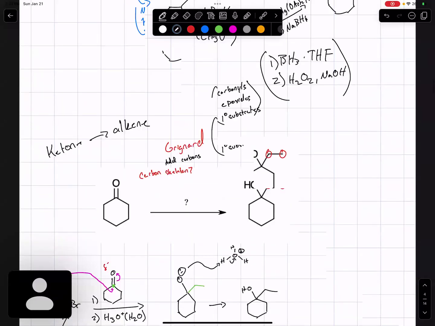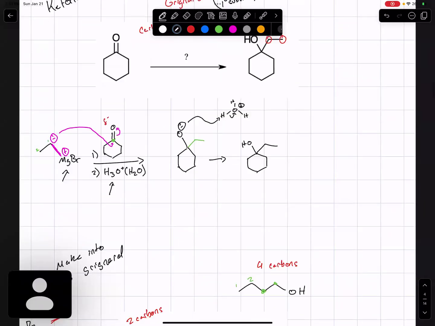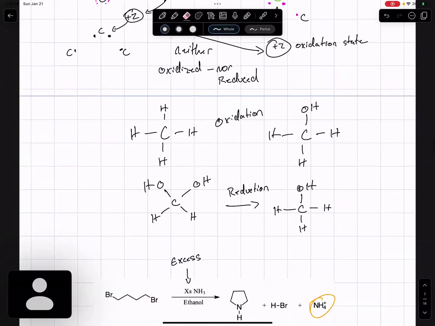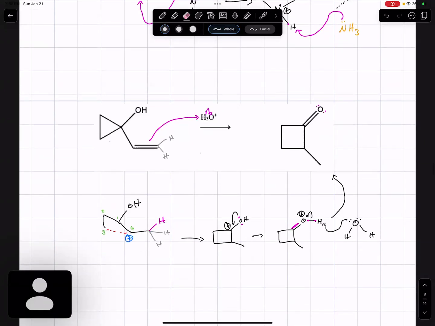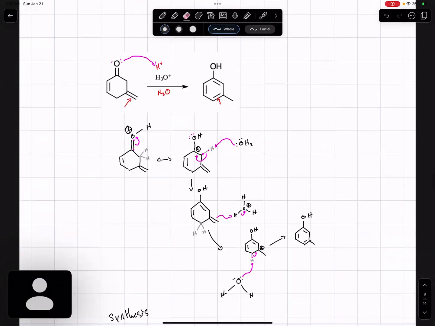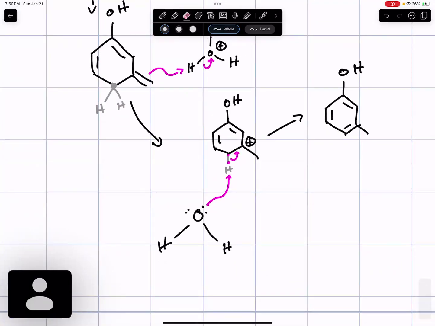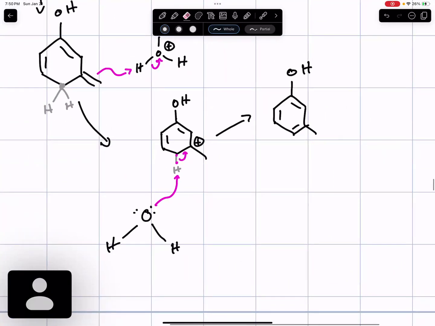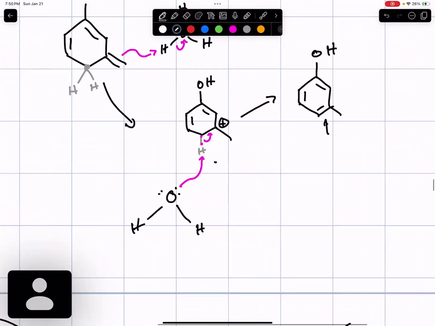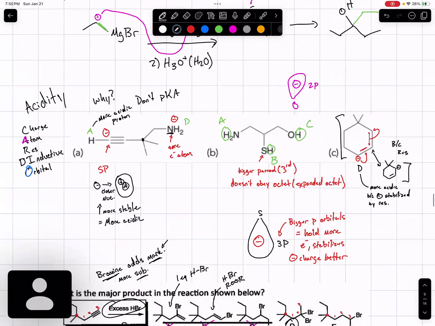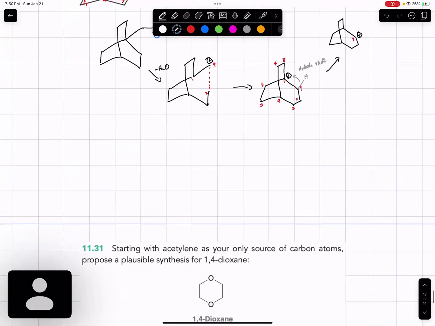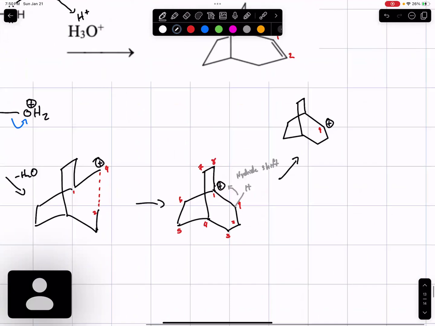I did another mechanism, I feel like. But you know you can make an alkene basically by deprotonating. Here we deprotonated it with water and we formed an alkene by deprotonating one of these hydrogens. We could do the same process here.